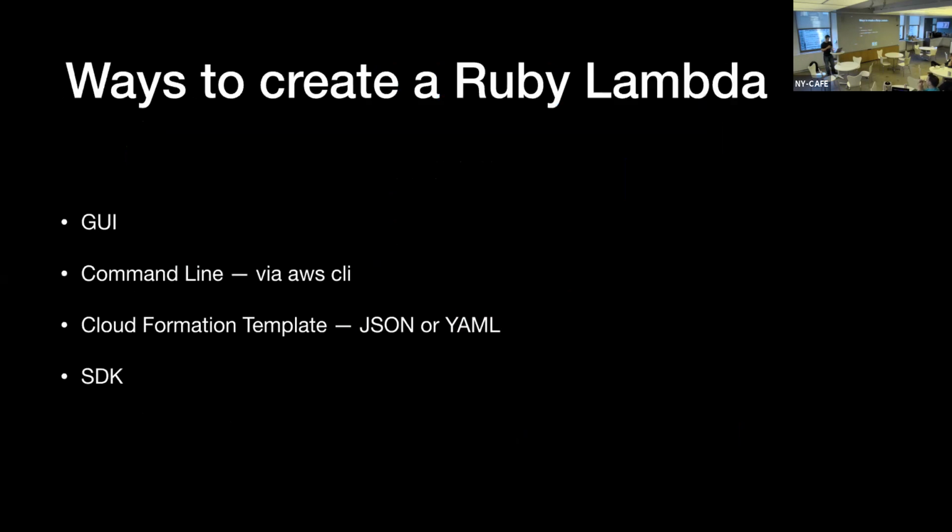AWS has a lot of ways that you can write the Lambdas. The GUI is actually really good. I haven't found anything that I needed to go to the command line for or that I couldn't do on the GUI, which I thought was interesting. Normally the GUI is limited or clunky. And some of these AWS forms, if you guys have used them, they really are scary as hell.